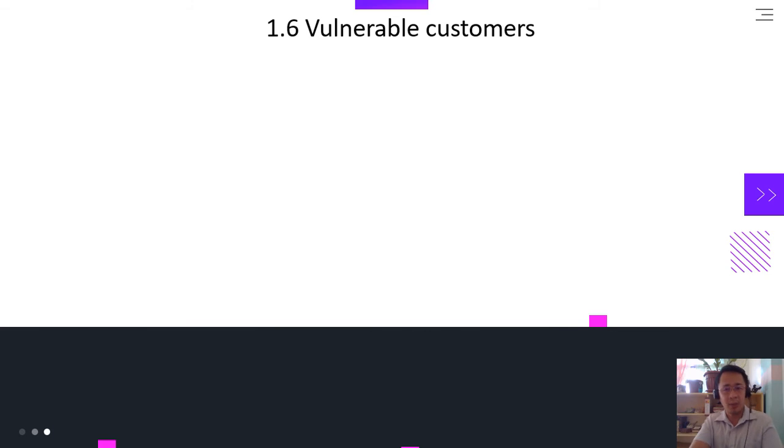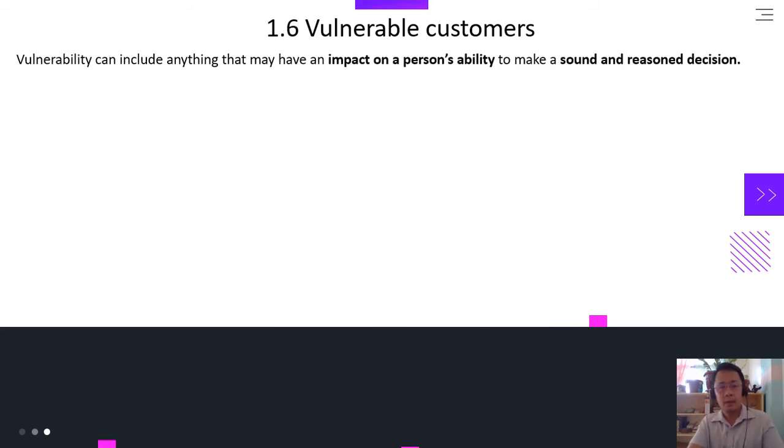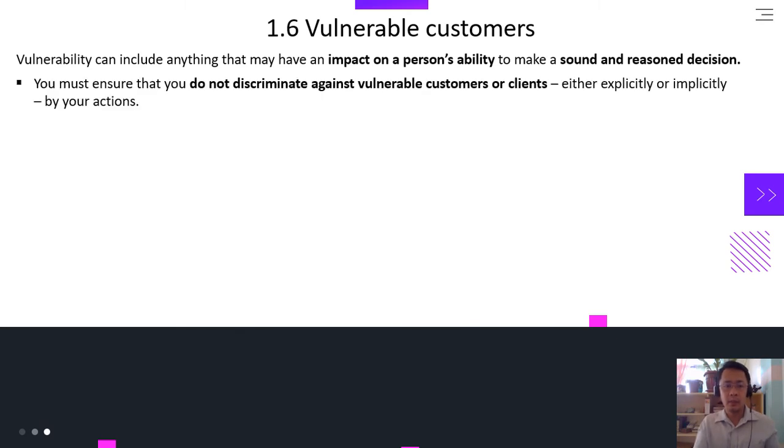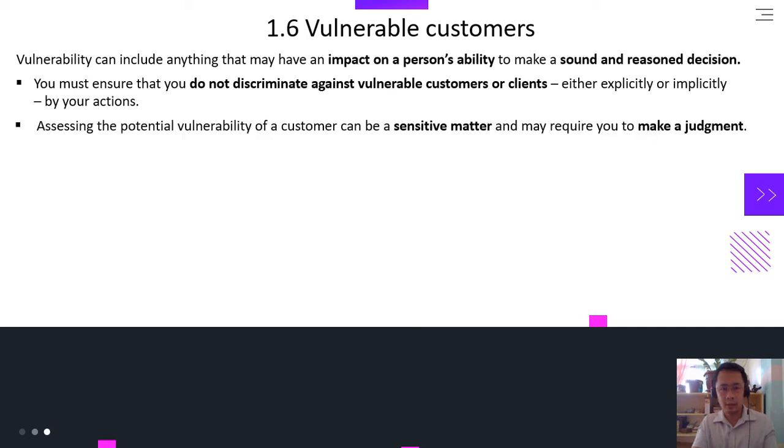Next is vulnerable customers. Vulnerability can include anything that may have an impact on a person's ability to make a sound and reasoned decision. You must ensure that you do not discriminate against vulnerable customers or clients, either explicitly or implicitly by your actions.